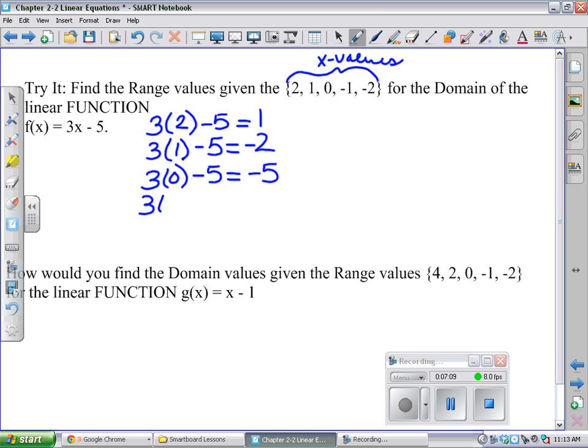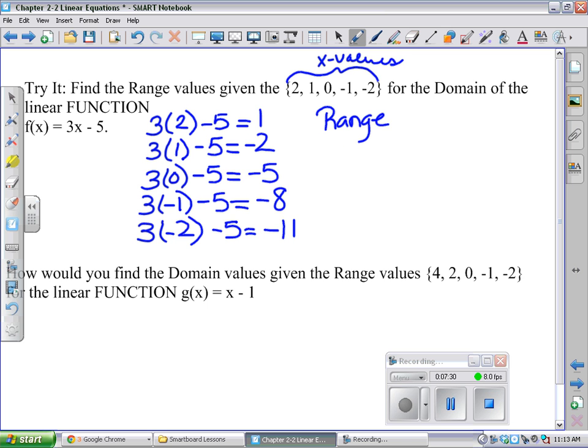Plug in negative 1. We get negative 3 minus 5, which is negative 8. And then plug in negative 2. Negative 6 minus 5, which is negative 11. So my range values are 1, negative 2, negative 5, negative 8, and negative 11.